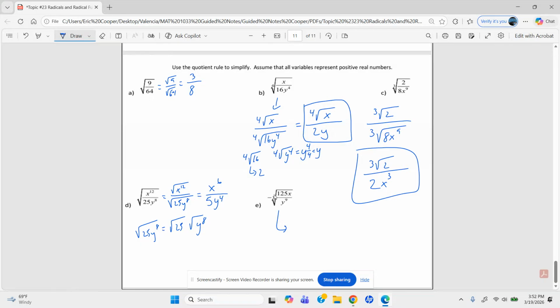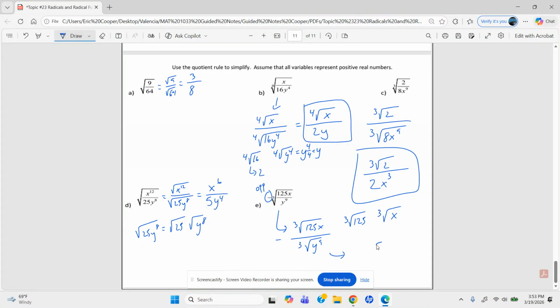For the last one, we'll leave this negative till the end because all it's telling me is I'm going to take the opposite of whatever we're doing here. So we'll do the cube root of 125x over the cube root of y to the 9th, and we'll leave the negative here. Now at the top, we have the cube root of 125 and the cube root of x. What number times itself 3 times gives me 125?